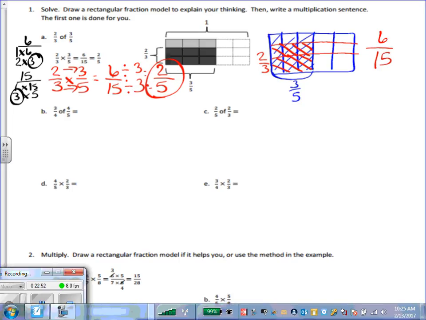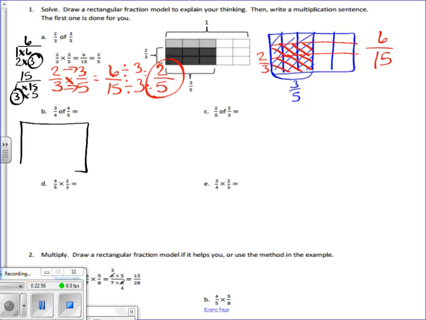So 3/4 of 4/5. So you've got the rectangular model. 1, 2, 3, 4. So you got 5 sections, coloring in 4 of them. So that's 4/5. I'm taking 3/4 of it. So 1, 2, 3, 4.